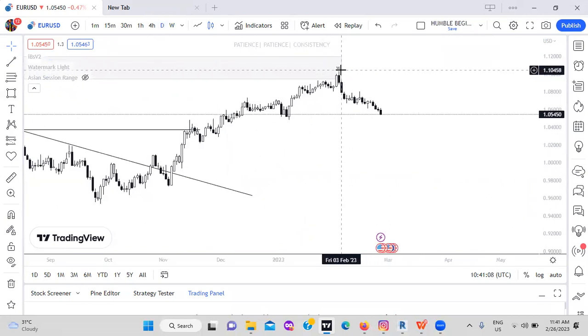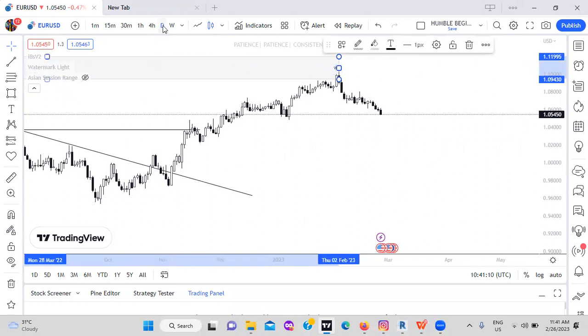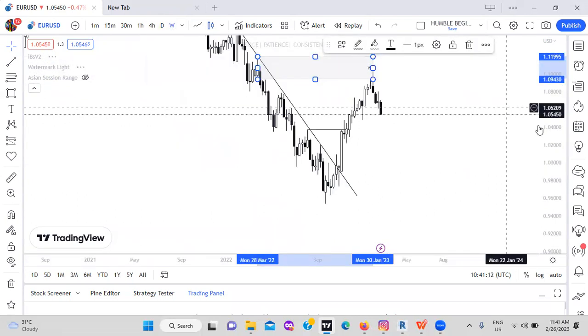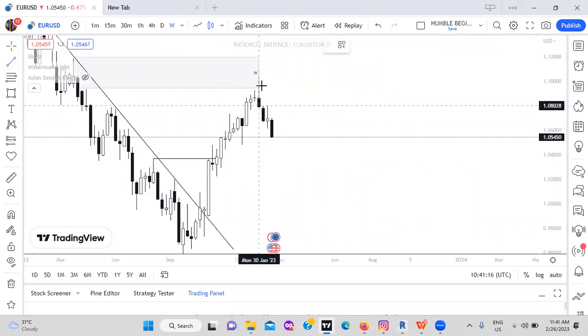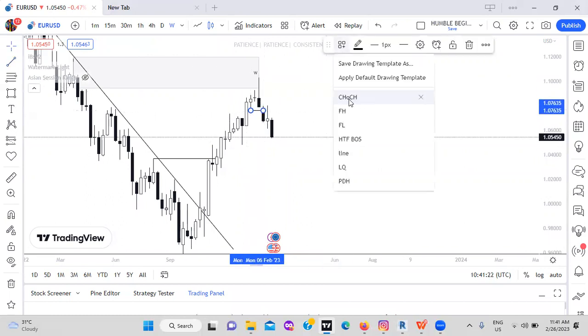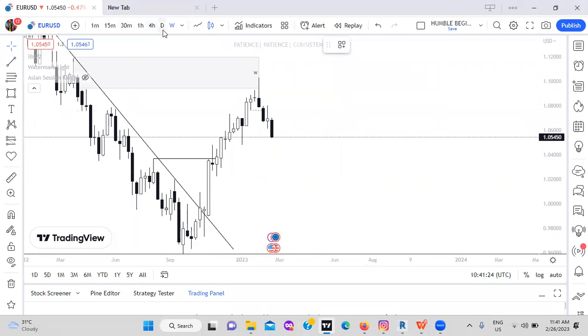So this is where it gets interesting. Obviously, the weekly time frame has begun its pullback, right? We can tell because at this point there was a weekly change of character, which would indicate that the pullback has started.